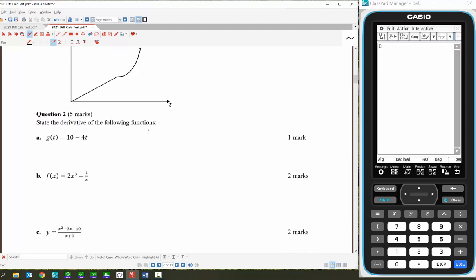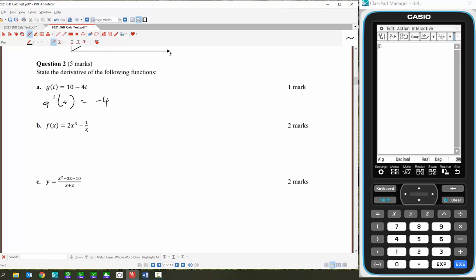Okay, state the derivative of the following functions. G dash t is equal to -4. This one needed the negative index rule, so we'll just write f of x with a negative index first, and then it's ready to derive.